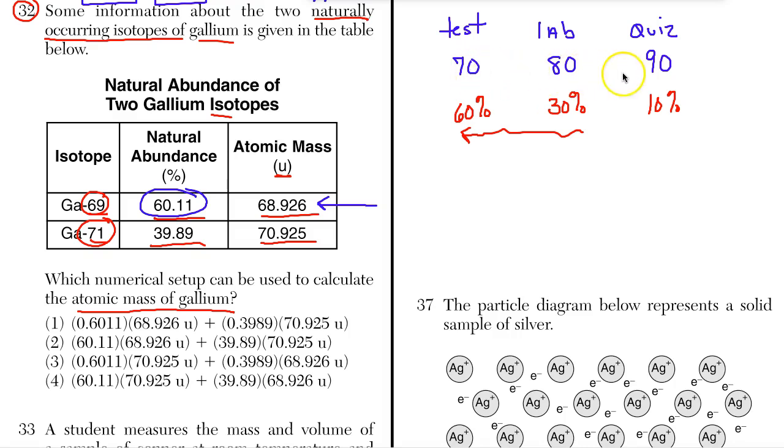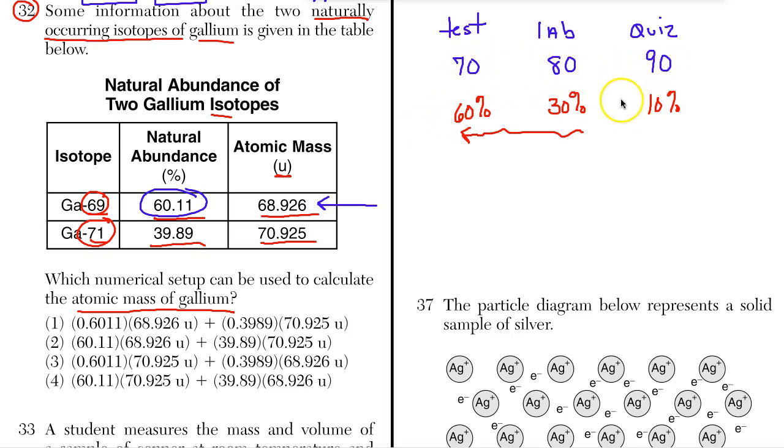If we did a straight average, 70 plus 80 plus 90 divided by 3, you would get 80. But that would be assuming test average, lab average, and quiz average are exactly the same weight. In this case, since there are only 3 of them, each one would be 33.3%. But that's not the case.